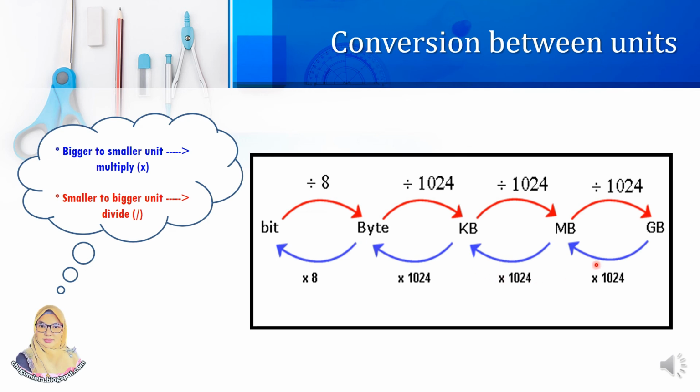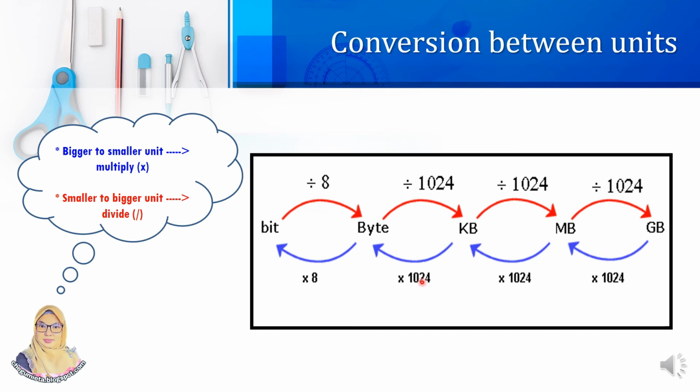If the question gives you the unit in gigabyte and you need to convert it to kilobyte, you need to multiply by 1024 2 times.